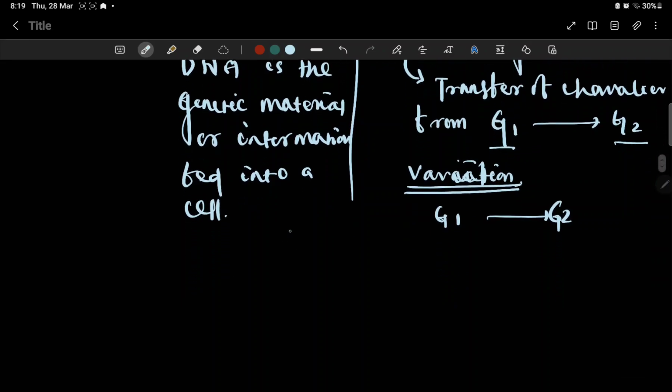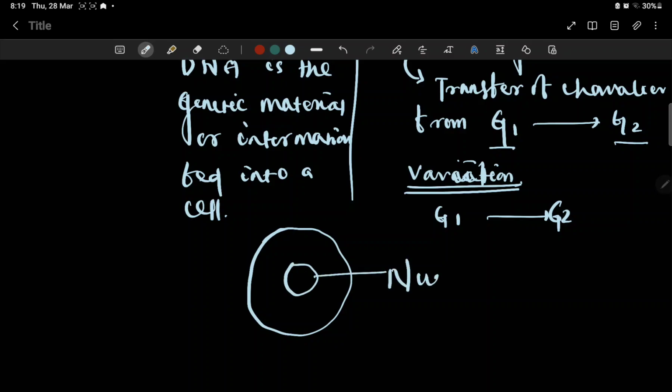There is a cell, this is the nucleus. Inside the nucleus there is DNA or the genetic material.